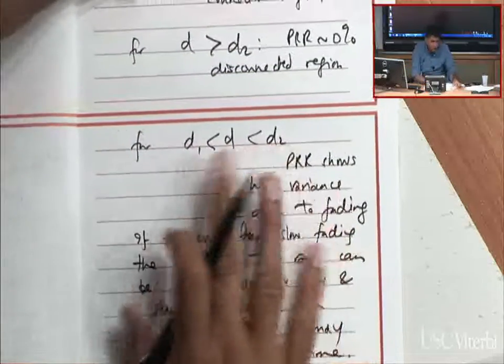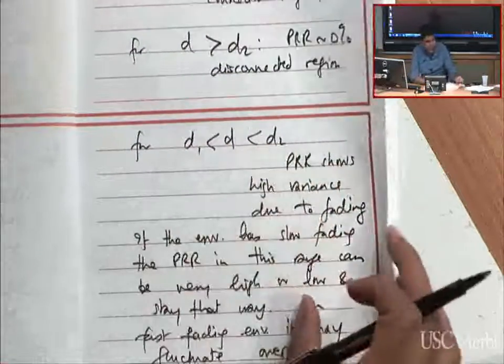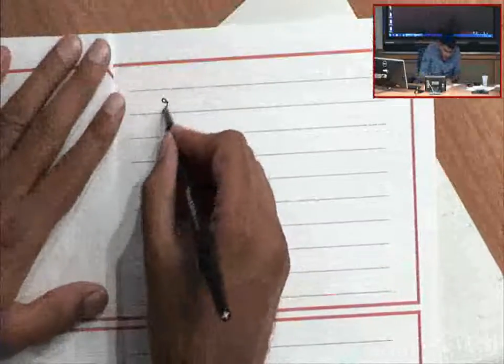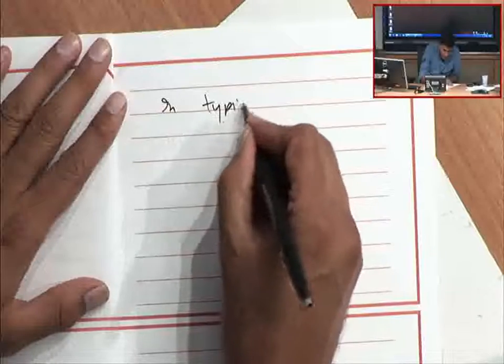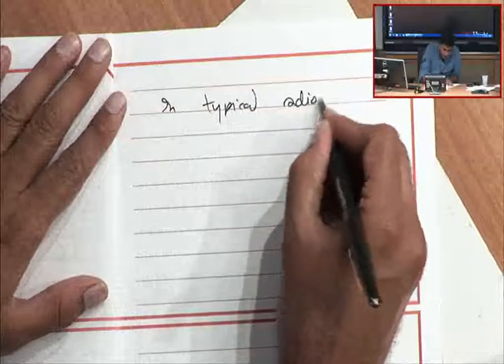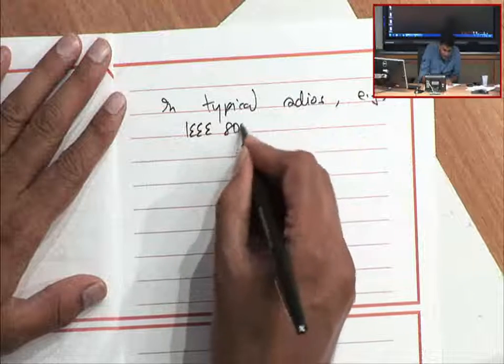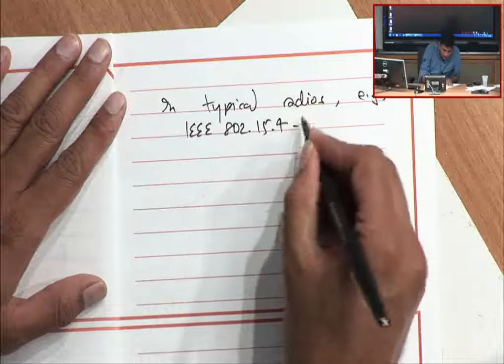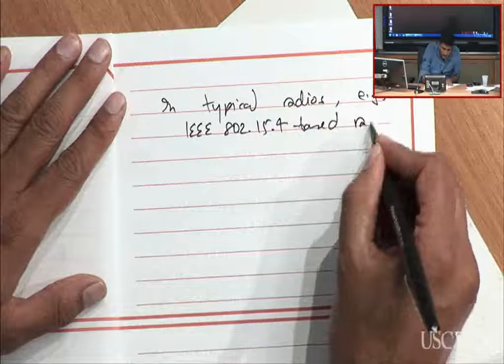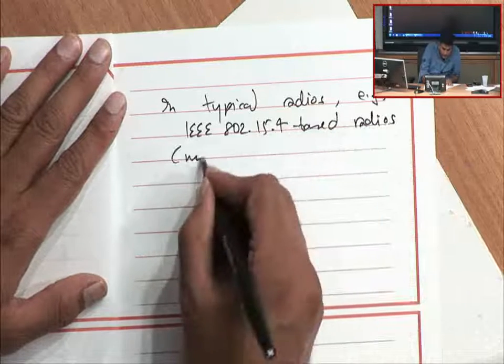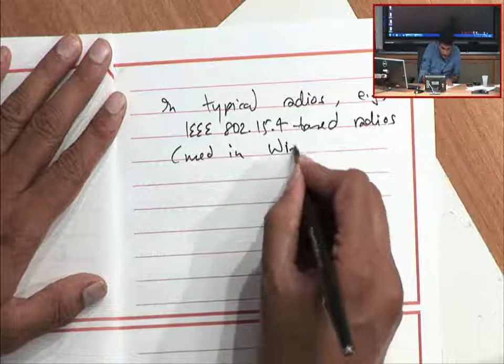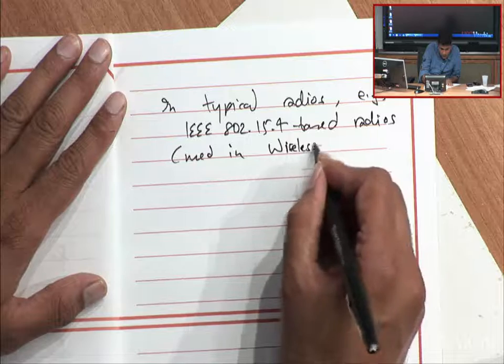If you look at typical radios and what these values might come out to be, for example, radios that follow the standard called 802.15.4. They are used in WirelessHART, the standard we just talked about.